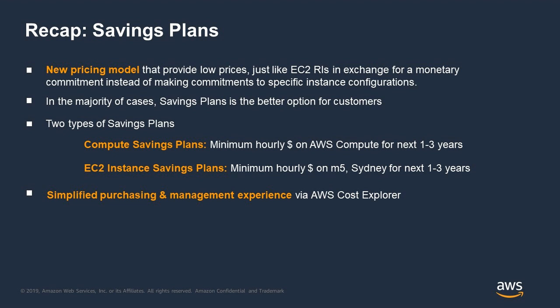So it's a minimum hourly dollar commit on a particular instance family, for example M5, and a particular region for the next 1 to 3 years. And when I say family, just to confirm that the M4 and the M5 are different families, so you're committing to one of those. And finally, there's a simplified purchasing and management experience via Cost Explorer that's been updated in your console.